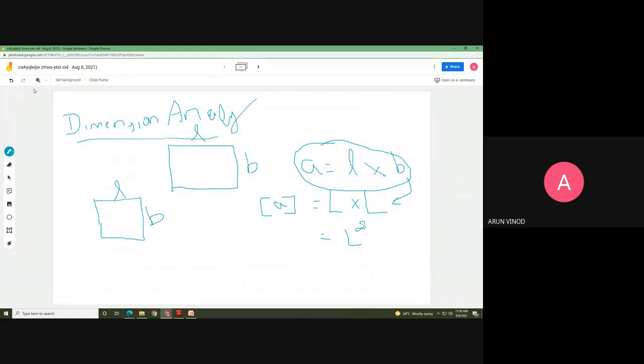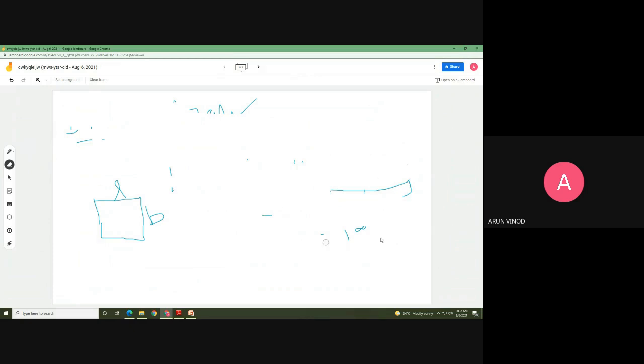Let me remove everything. So here we are going to identify the area of it. Area of this is A is equal to length into breadth.